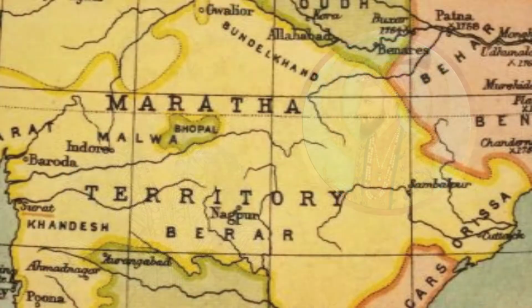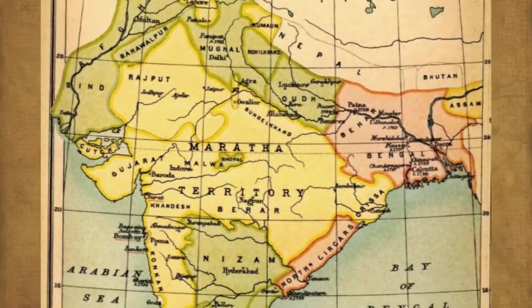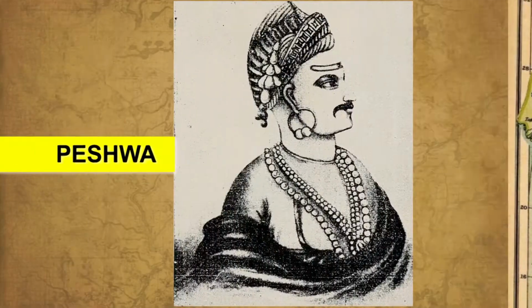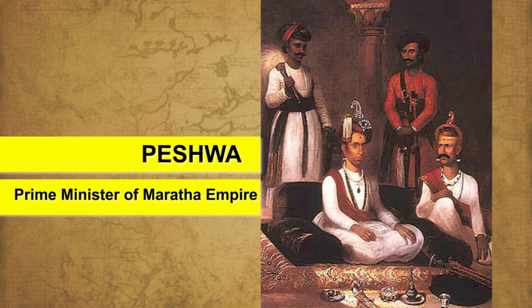After the death of Mughal Emperor Aurangzeb in 1707, the Maratha kingdom expanded into a vast empire under the rule of Peshwa, the Prime Minister in the Maratha Empire.